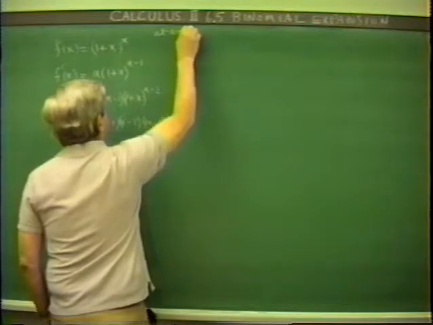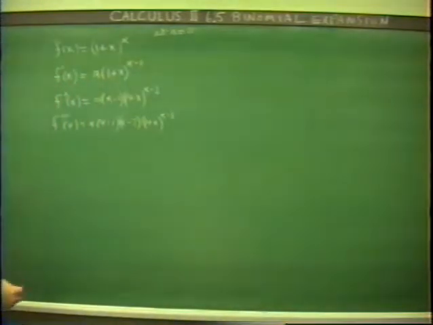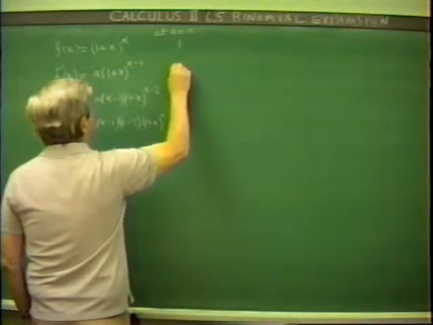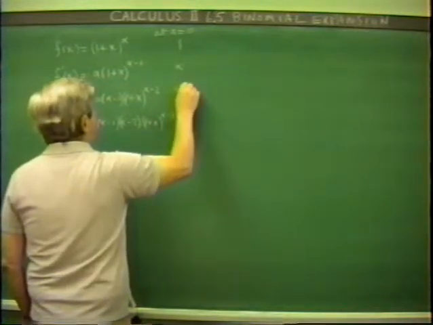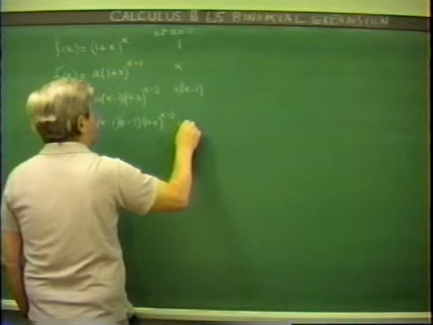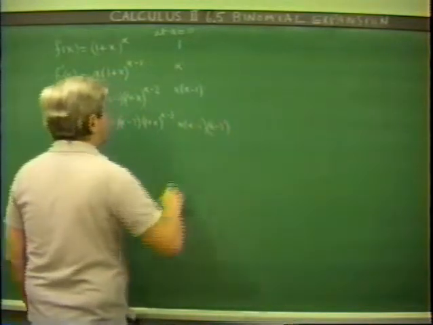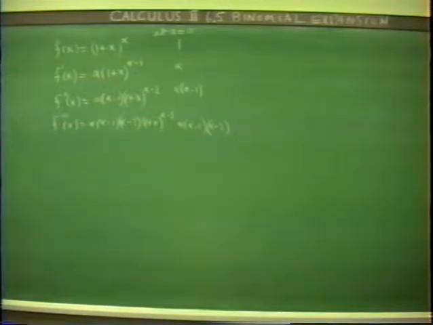At 0, where we let x equal a, that's to say x equals 0, we get 1, we get alpha, we get alpha times alpha minus 1, we get alpha times alpha minus 1 times alpha minus 2.